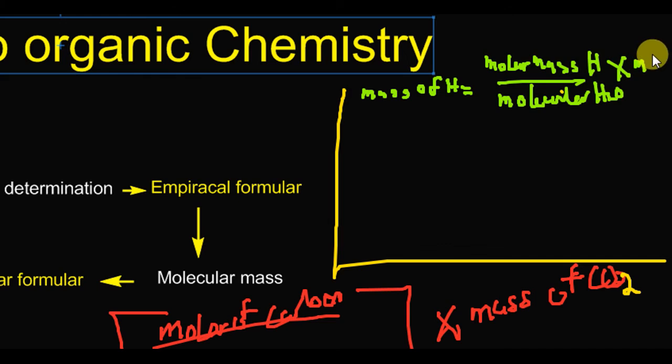So m of water produced in the tube. Once you do that, you move on to find the percentage of hydrogen.